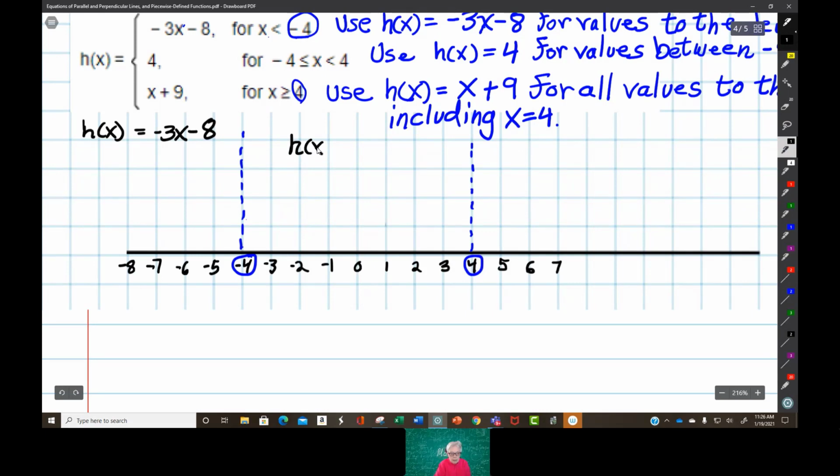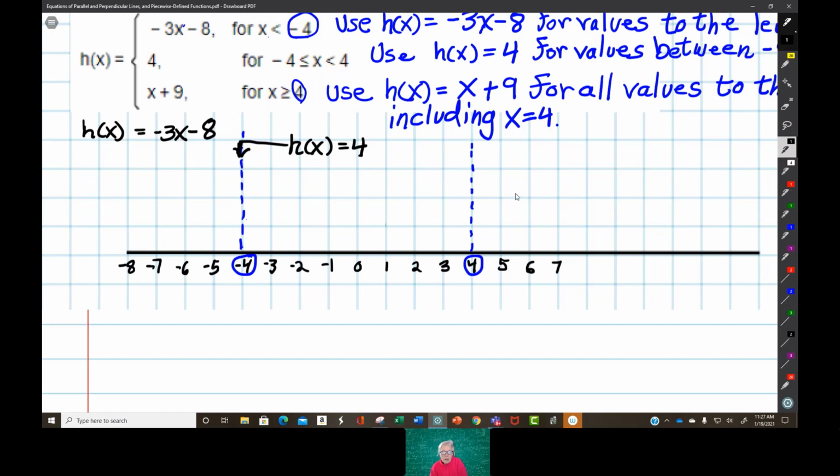H of x equals 4 for all of these x's in between -4 and 4, and for -4, because it says so.